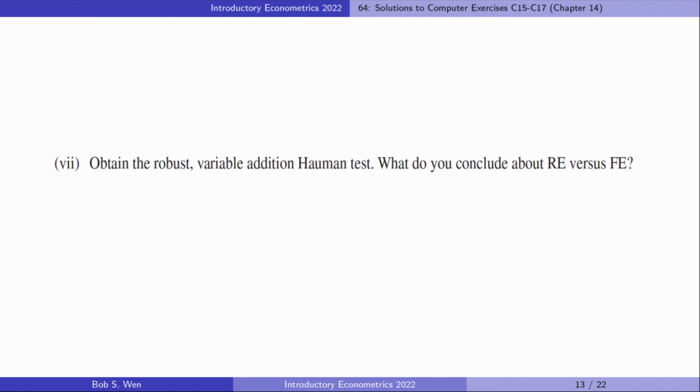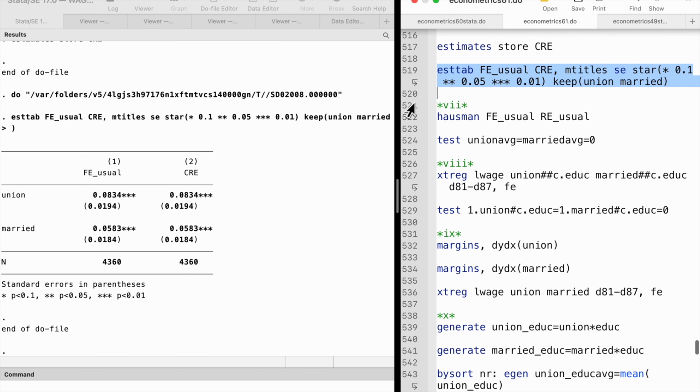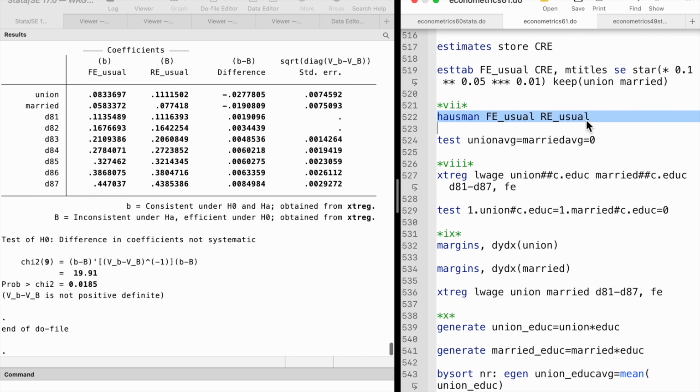In Part 7, we do the Hausman test. What do you conclude about random effects versus fixed effects? We use the Hausman command in Stata for the Hausman test. We reject the null hypothesis that the estimates are not systematically different between fixed effects and random effects.